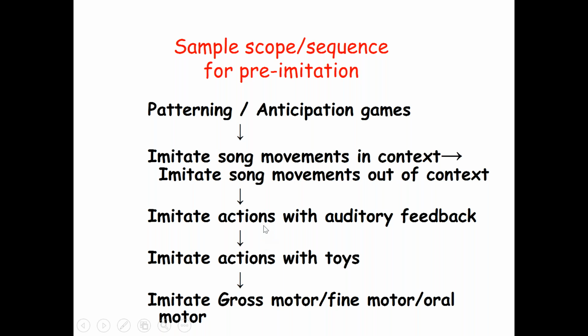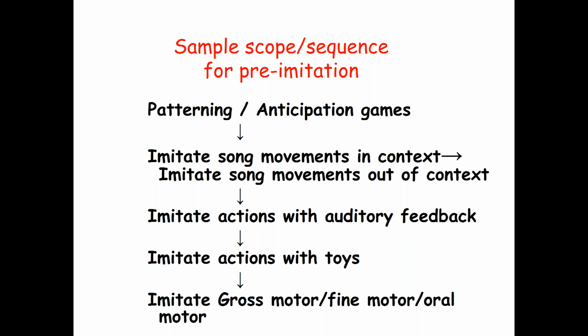Then we imitate actions with auditory feedback. So this particular student, if I put a pencil in a cup, or if I put a Lego block on top of another Lego block, or a Duplo block because he was young, that student would hit or miss imitate me.